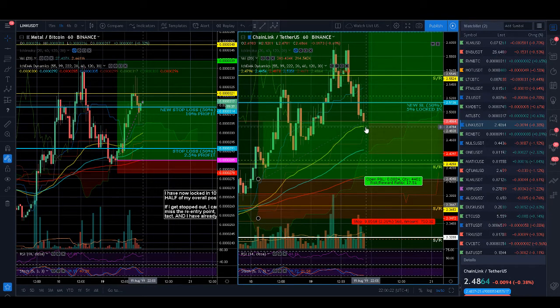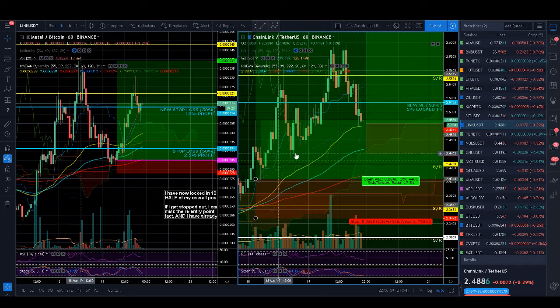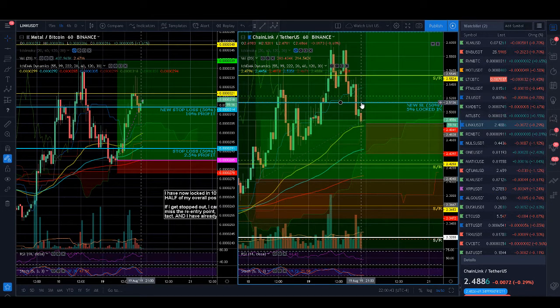I made 5% because I got stopped out in profit. Then I bought in at a lower price. So if I sold right here when I got stopped out, if I got $10,000 and then I buy back here, I can buy the exact same number of coins I had, but instead of spending the 10 grand, I only spend 9,600. So now I have $400 back in my pocket, and I still have the exact same position I held over here with just as many coins.